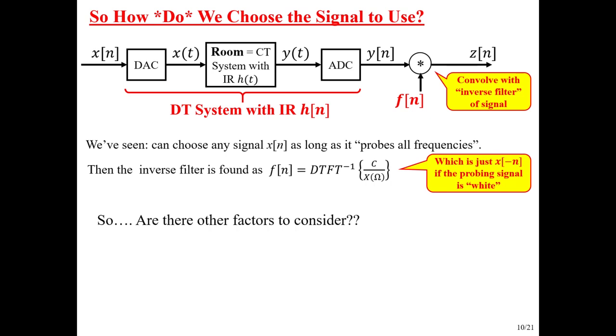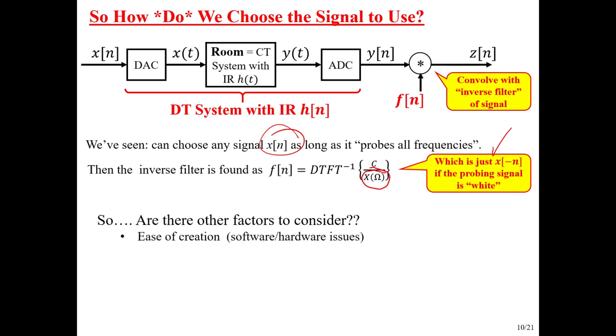It turns out that if we pick this so that this is a constant in magnitude, then this is just x of minus n if the probing signal, or the stimulus signal, is white. But are there other factors that we should consider?